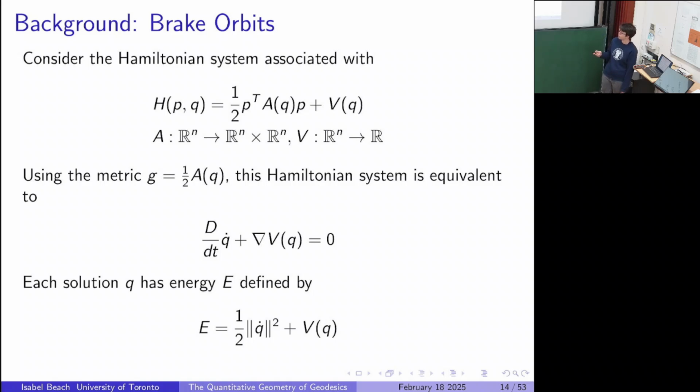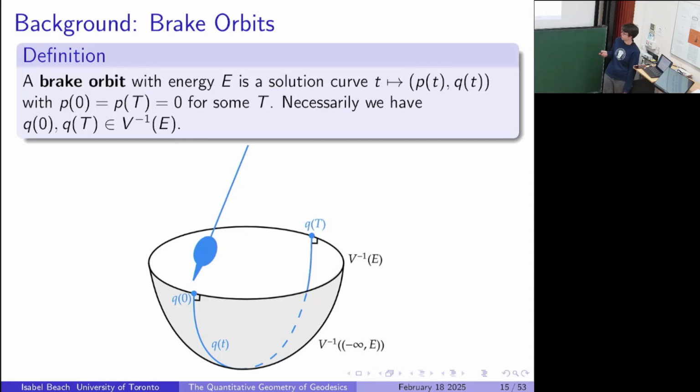It turns out that each solution of these Hamiltonian systems has an energy that is constant for that solution. So each solution is going to lie in some sublevel set of the function B. There's a special class of solutions to this system known as brake orbits. These are essentially what I've drawn here. You can imagine a pendulum swinging. These are periodic solutions to my Hamiltonian system, where the speed, so where P, is 0 at time 0 and at time t for some time t.